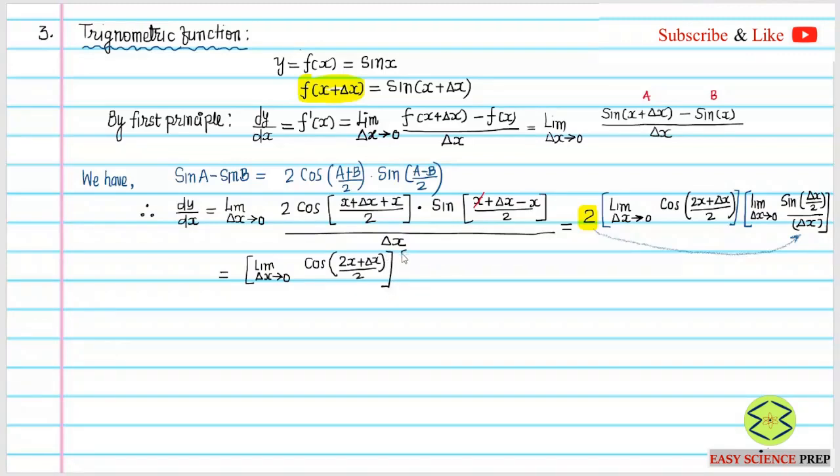Absolutely no problem here, and here you shall have limit delta x tends to 0 sine (delta x by 2) divided by delta x by 2.